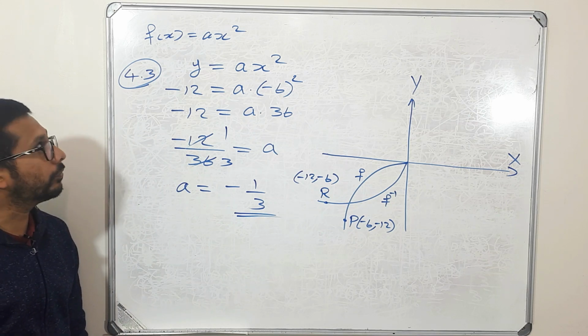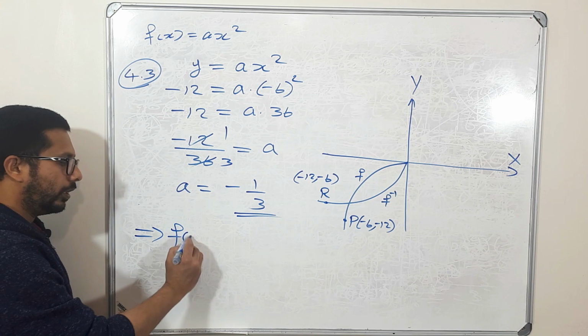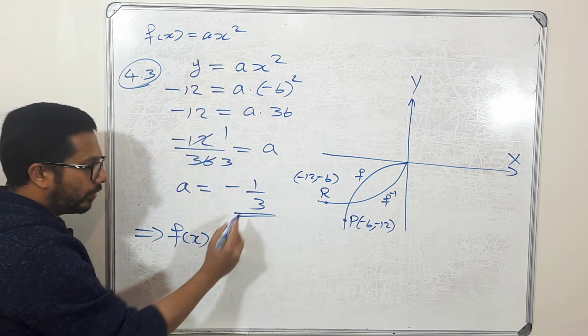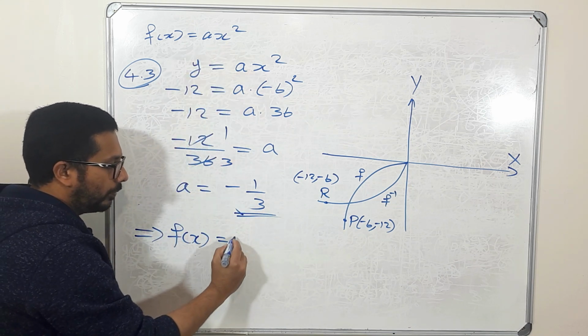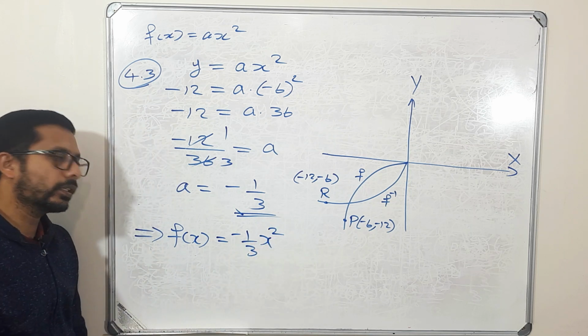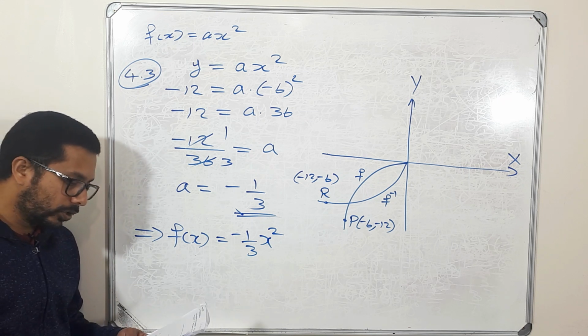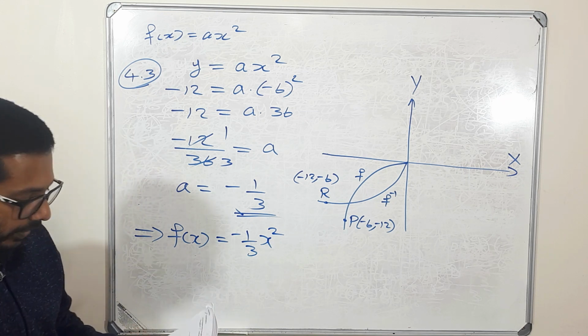And that's the question 4.3. So let's write the equation. f of x is equal to ax squared. What is the value of a now? -1 over 3 x square. So that is the equation. Is it fine? Okay, so that is question number 4.3.